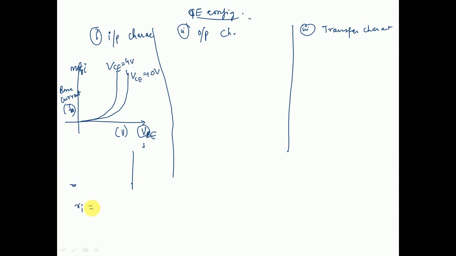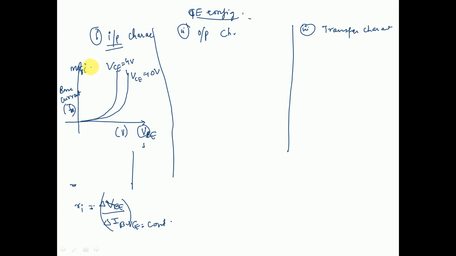How to calculate it? In the common emitter configuration, it is defined as the ratio of the small change in VBE, the base emitter voltage, divided by delta IB, at VCE kept constant. So this is the input resistance at constant VCE. You can take out the input resistance by understanding the input characteristics of the CE configuration of a transistor.